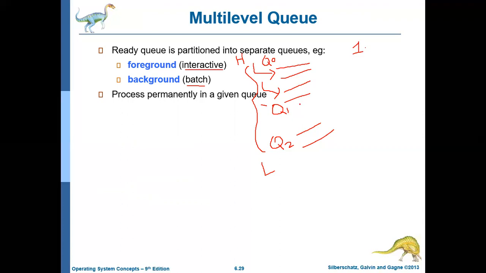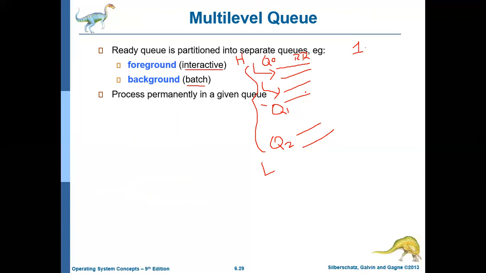The first method is that the jobs in Q1 will be executed only if Q0 is empty. That is, Q0 will be given the highest priority. So first the operating system will finish off all the jobs in Q0 by following the round robin scheduling algorithm. Only when Q0 is empty, the operating system will start executing the jobs in Q1.